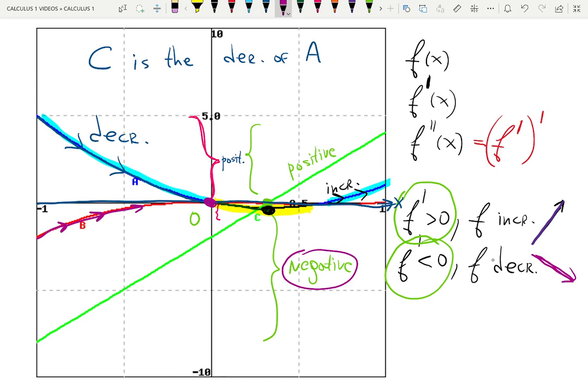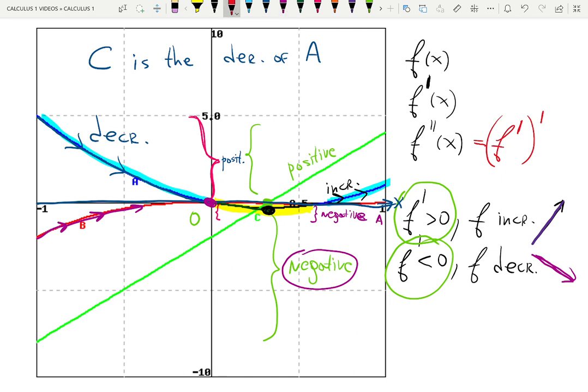Below the ground for A, the original function of that derivative A should be decreasing. Let me write down over here. This was negative. What function am I talking about? Negative A. Thus, the original function should be decreasing.